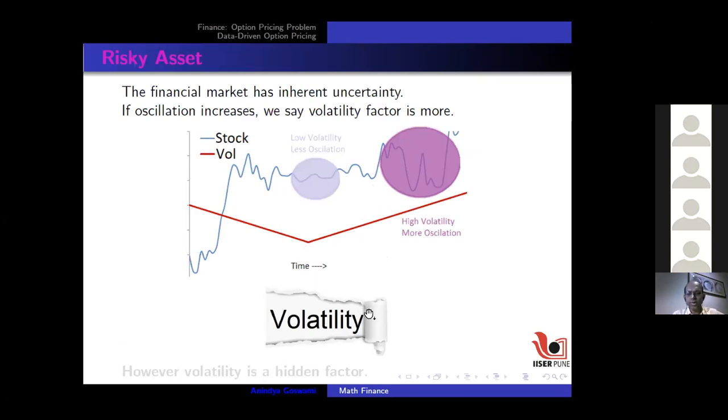Volatility is measured in various different ways. It is defined as the annual standard deviation of return of the stock, but it has to be computed. It can be computed in many different ways, and different methods would give slightly different values. So this factor captures the fluctuations or uncertainty of the asset price dynamics.